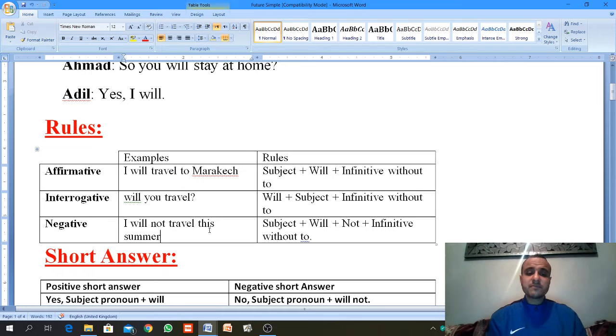Now the negative: I will not travel this summer. So subject I plus will plus not plus infinitive without to. I will not travel this summer.